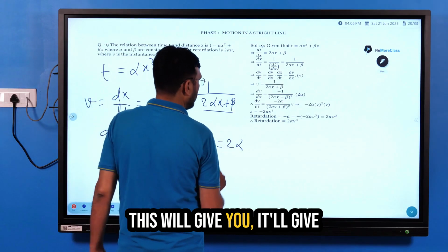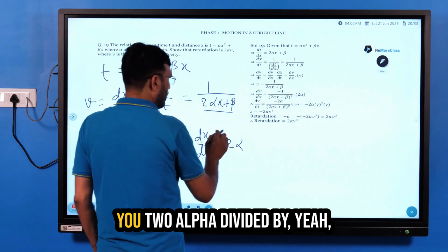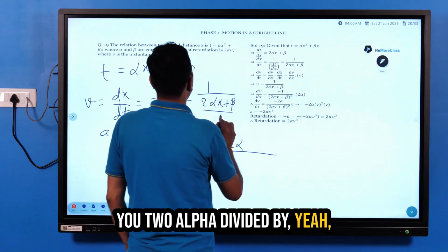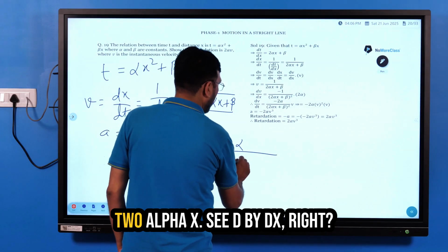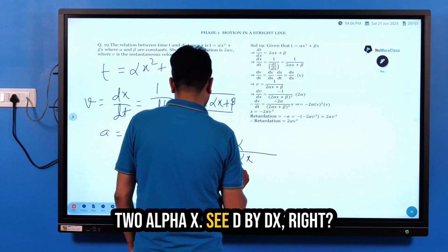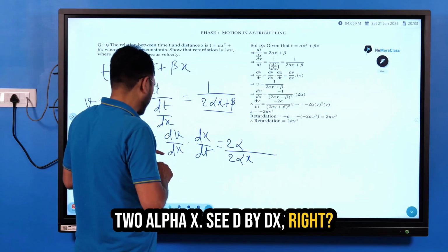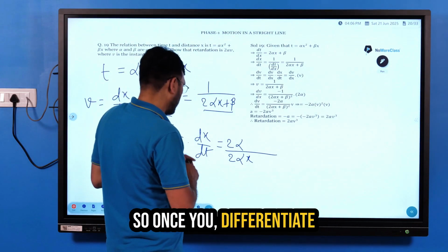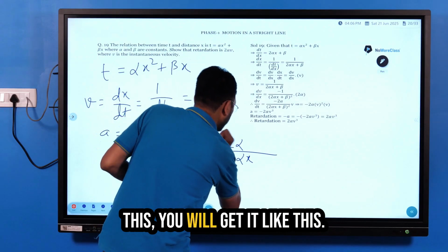So dv by dx is this value. Once you differentiate 1 by 2 alpha x plus beta, you will get it like this.